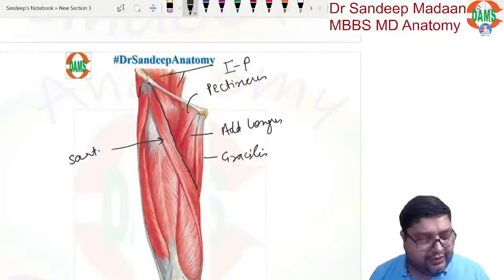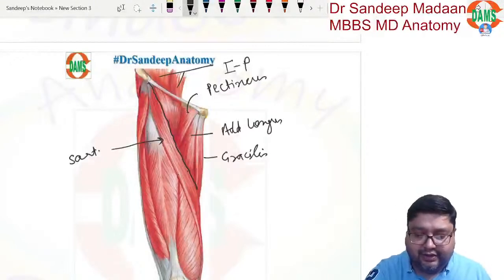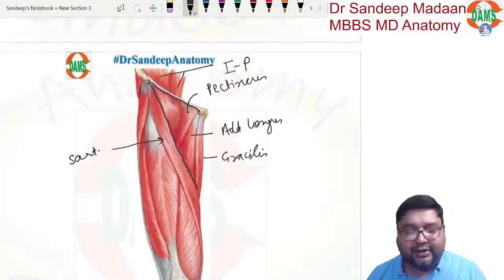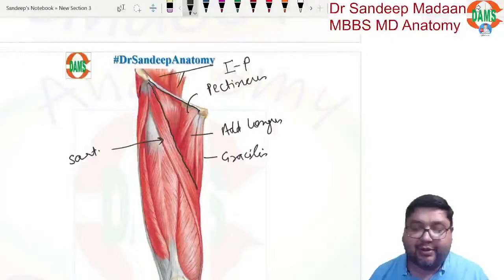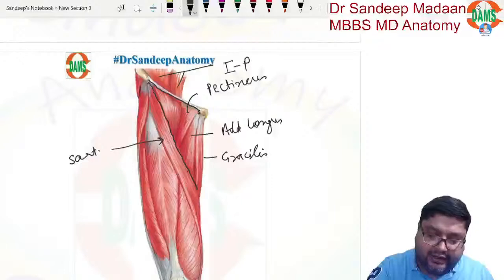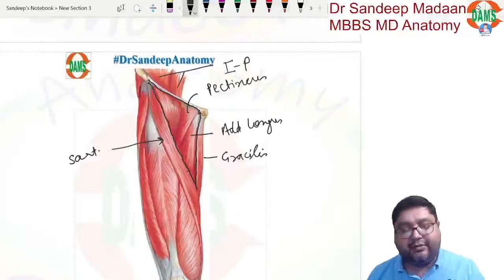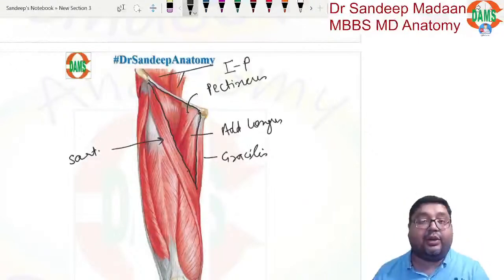But which border of the adductor longus should I take? Here again we will take the medial border of adductor longus. So both are medial borders, of sartorius and of adductor longus.